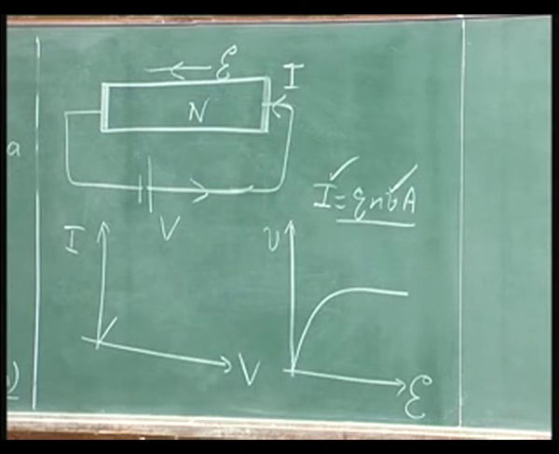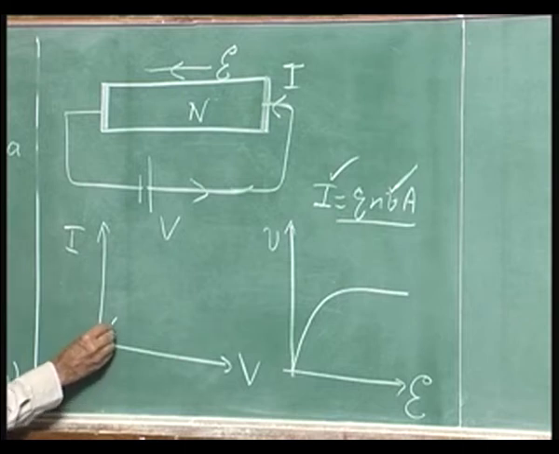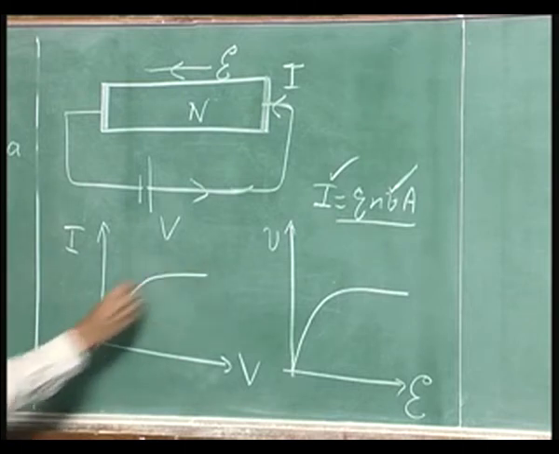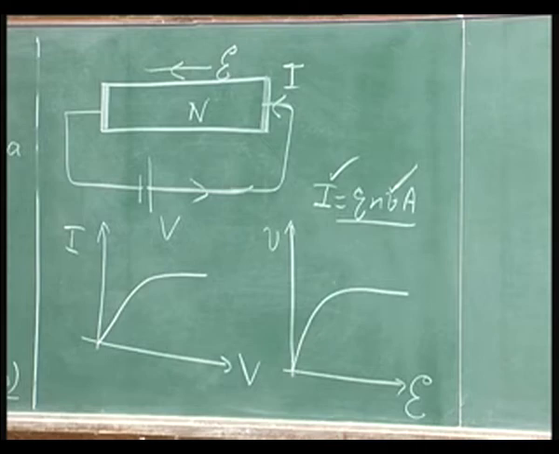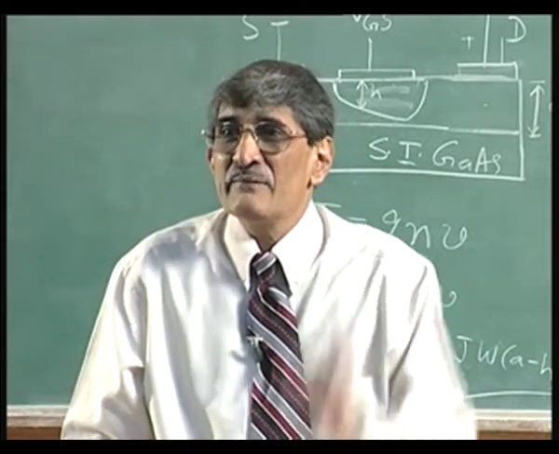So, you will have the IV characteristics of this resistor, which will particularly be true when n is small. You will get a characteristic like this. So, the current saturation phenomenon is not the property of the FET. The current saturation phenomenon can take place when velocity saturates.